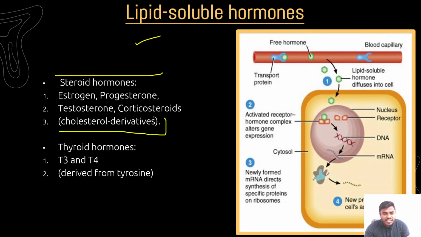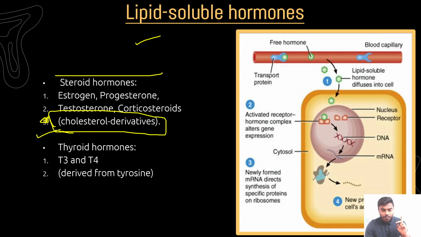The reason is very simple. All these steroidal hormones, friends, have cholesterol as their major precursor. You all know, right friends, what is the speciality of cholesterol? Cholesterol is also a type of lipid, so it can easily cross the membrane. So whatever hormones have cholesterol as their backbone can easily cross the plasma membrane.